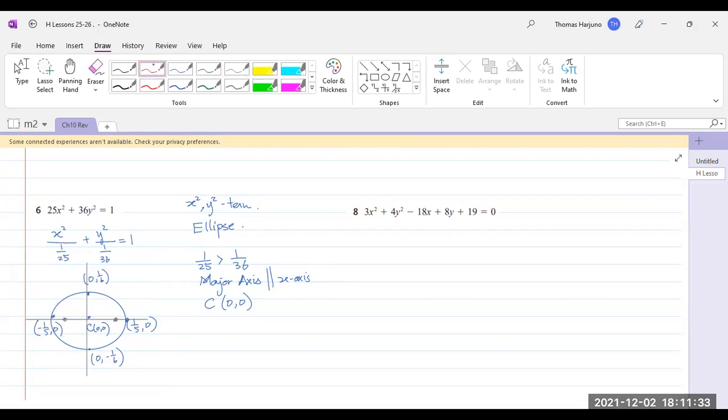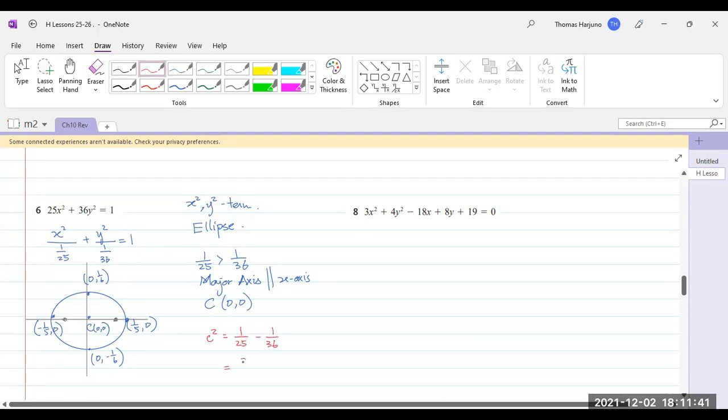Now, where's the focus? c squared equals the bigger squared minus the smaller squared. That's 36 minus 25 over 25 times 36. 11 over 25, 36.